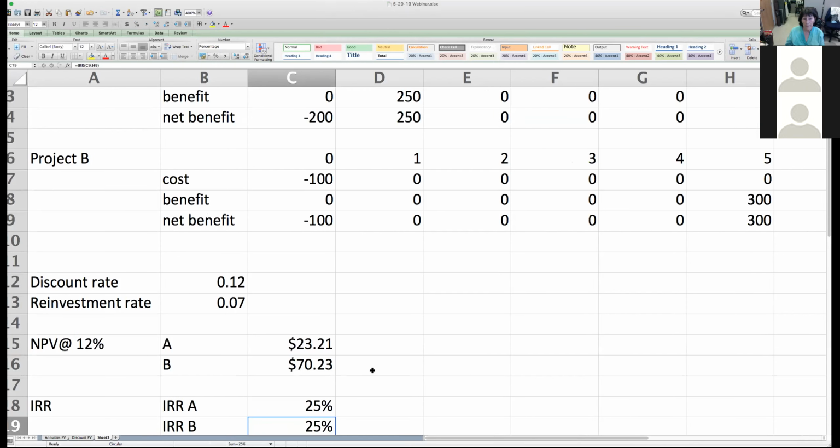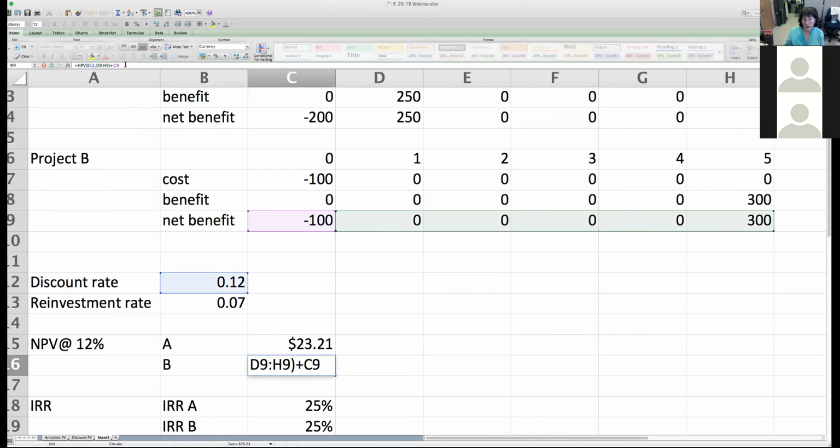So when we do the NPV at 12%, right here, we see in fact that this returns reasonably well. You get $70 above that 12% requirement. So the same thing, B12 is right here. That's the interest rate.